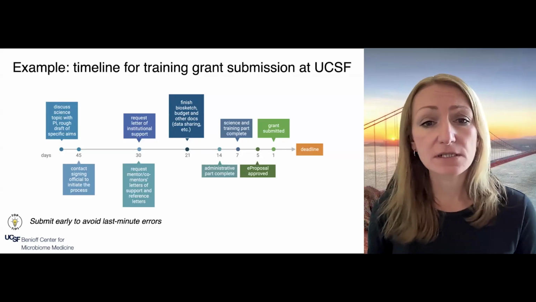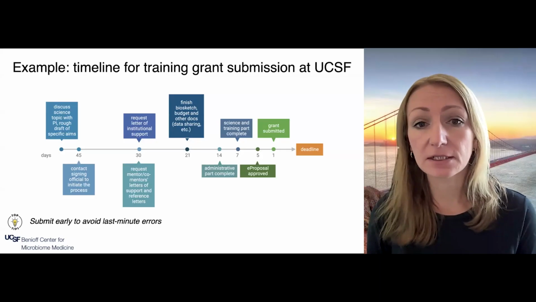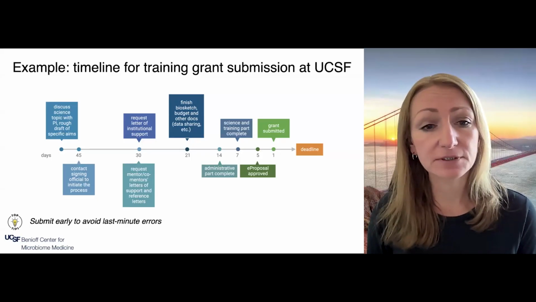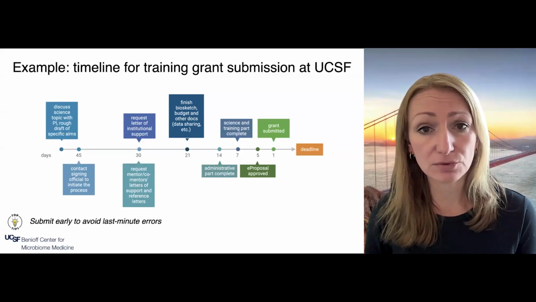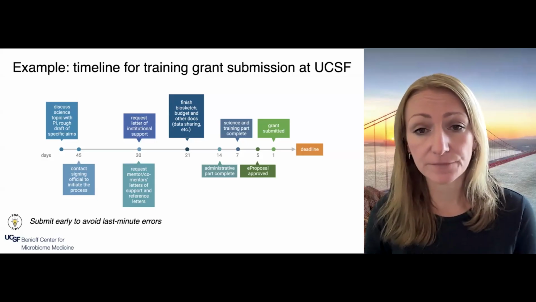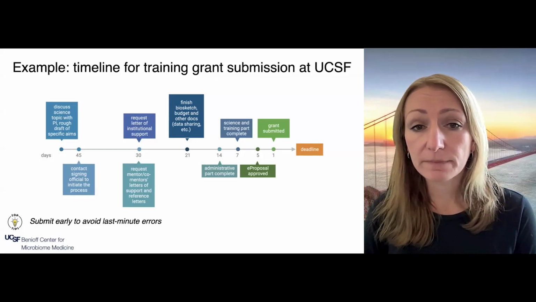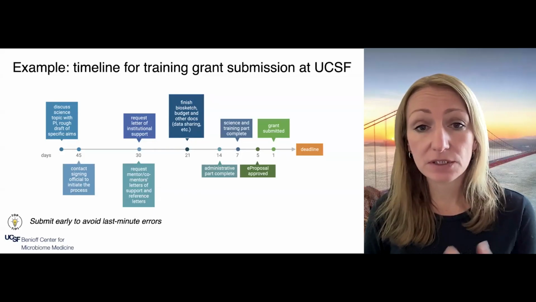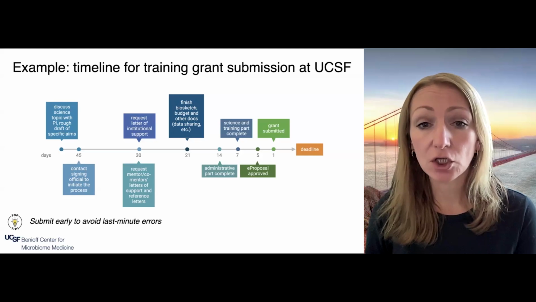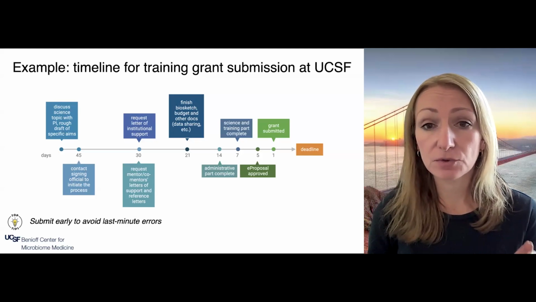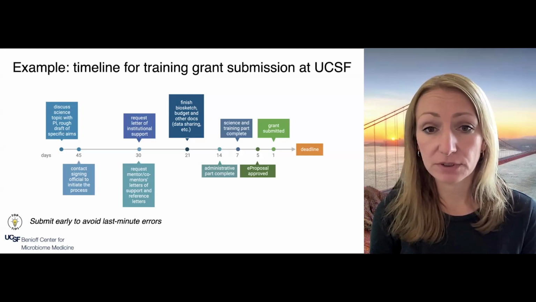This includes facilities and resources, data sharing forms, vertebrate animals, you name it, whatever your application needs in the entire package. So you need to prepare these forms well ahead because these forms will be handed to your signing official earlier than your science and training component.